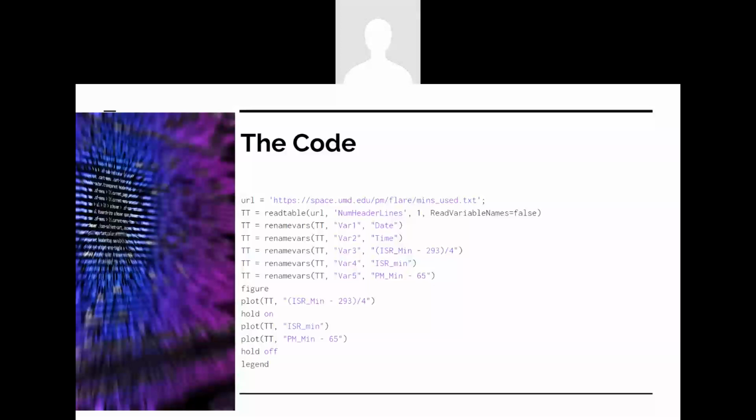Below that, there's the renamevars function, which is used to rename the individual variables within the table. So there's date, time, ISR min, I minus 293 over 4, ISR min, PM min minus 65. And those were all the variables we used.